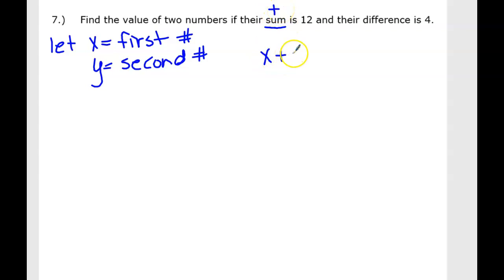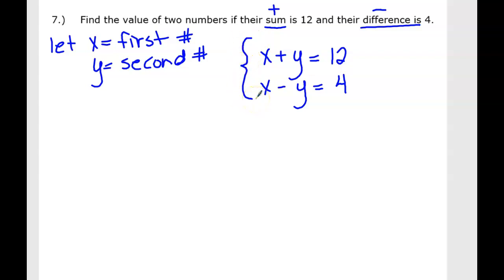I take x plus y, and I get 12. But their difference is 4. So if I take x minus y, I'm going to get 4. Notice 2 variables. In order to solve for 2 different variables, I need 2 equations. So all your word problems in this unit you'll be looking for 2 equations in the words.